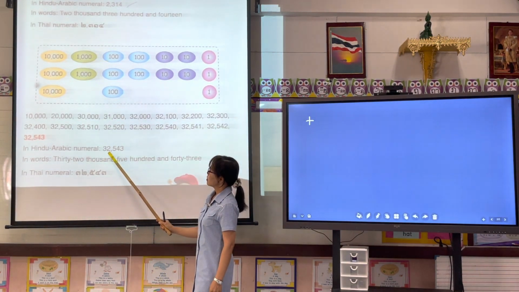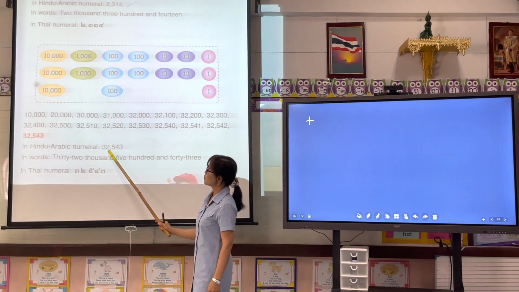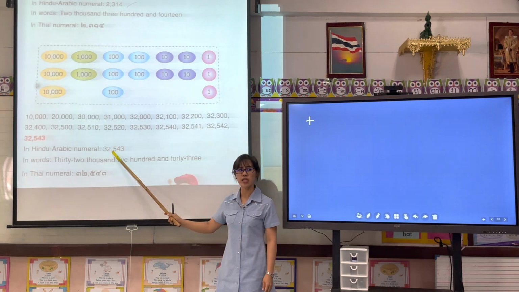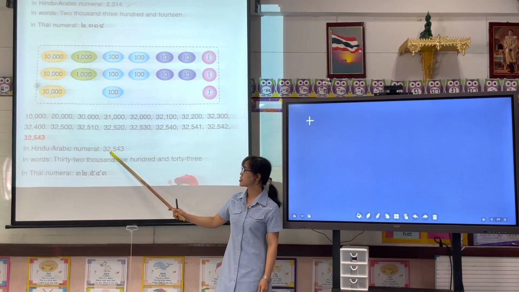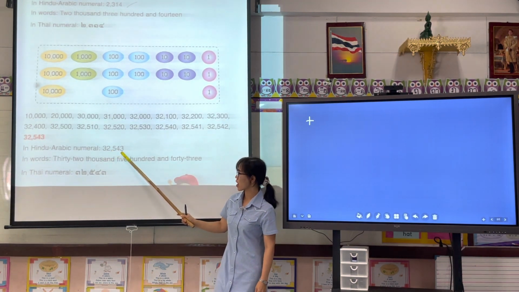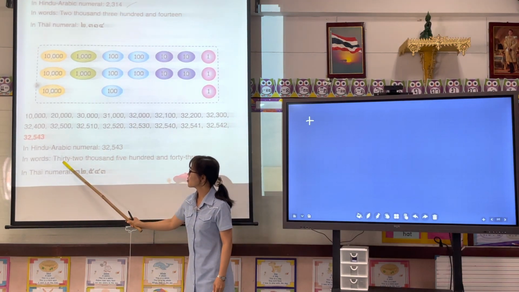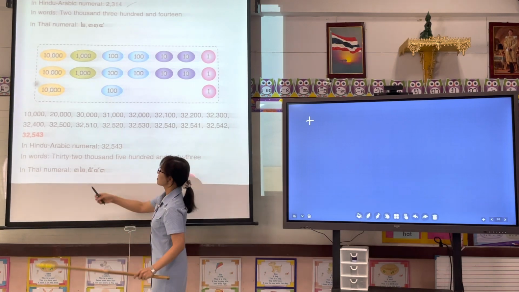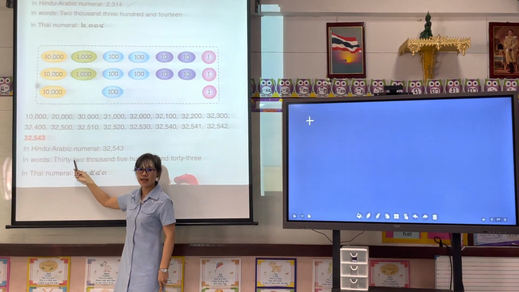Now, that is the importance of writing our comma. It helps us to read huge or large numbers. So we read this as 32. Now you notice there is a hyphen, right?